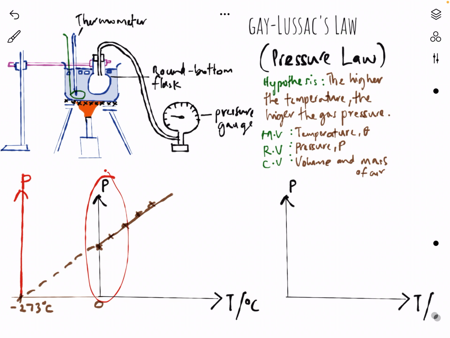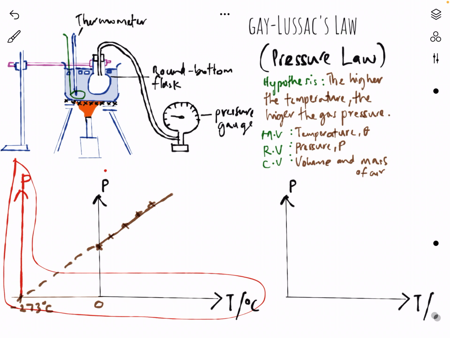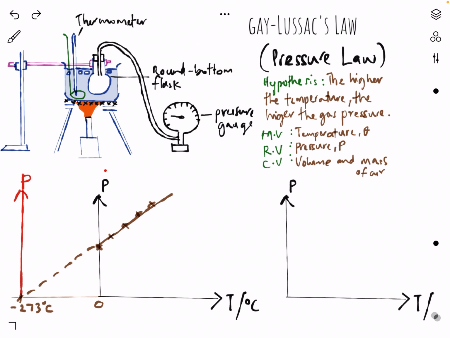Now actually we have shifted it over here. So we can draw this graph again over here. Now it starts from the origin. Now this is negative 273 degrees Celsius, and this temperature is known as 0 Kelvin. So here we have 0 Kelvin.